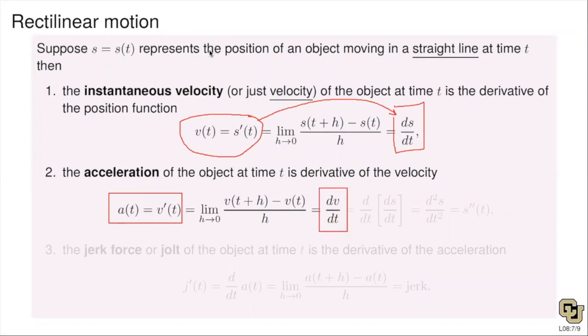So in Leibniz notation, I can write it as dv dt. But remember, v is itself a derivative. So here, v itself is this derivative, ds dt. So I'm going to replace that v with ds dt. Now look, if you do this kind of fake math here, I have a d times d, which will give me this d squared in the numerator.